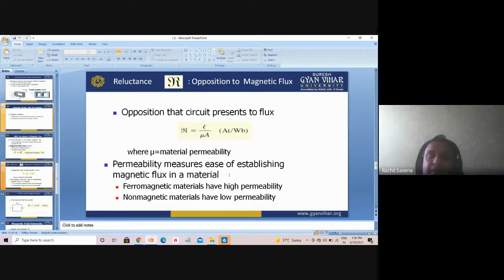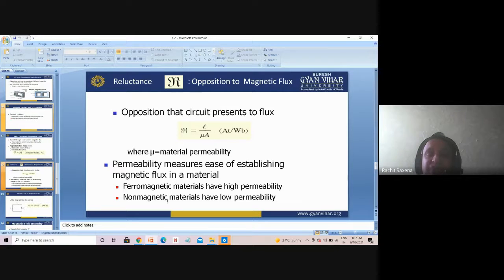It measures how much flux will be generated in that magnetic field. If it can't generate, it is a non-magnetic material; if it can generate, it is a magnetic material. That measure is represented by mu.